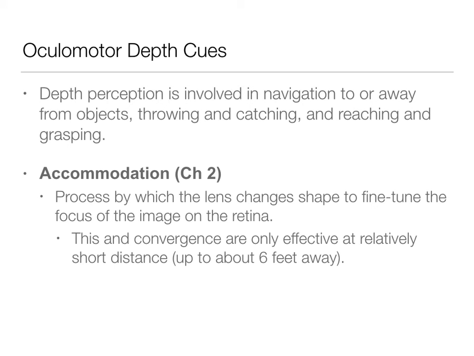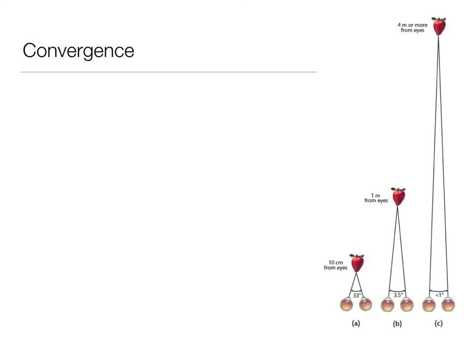Accommodation and convergence are only effective for really short distances. If something's really far away, like 20 feet away, they aren't going to do us any good. These oculomotor depth cues are only helpful at about 6 feet away or less.